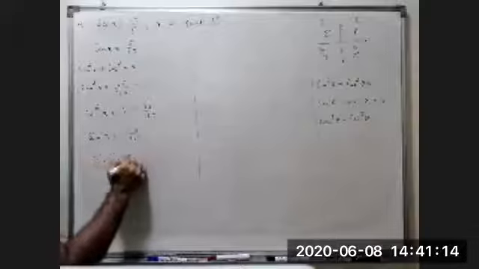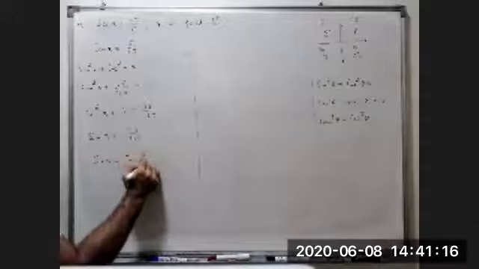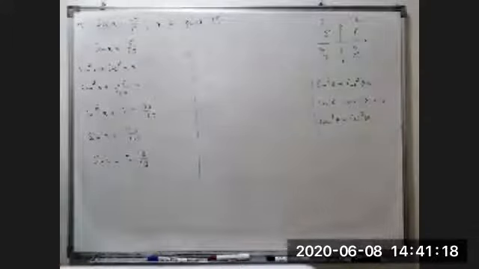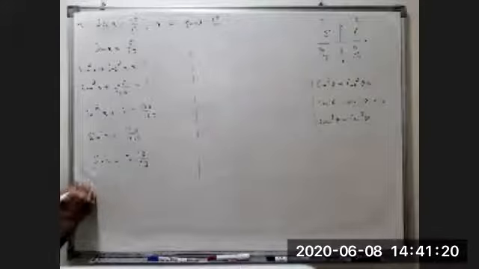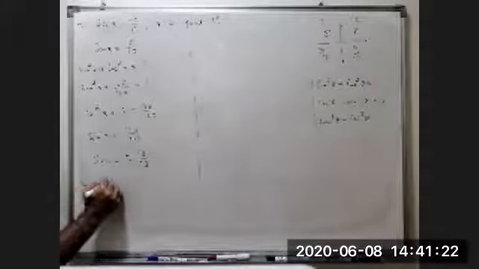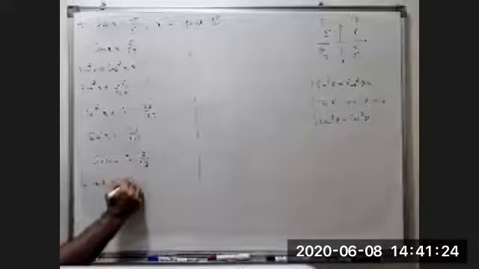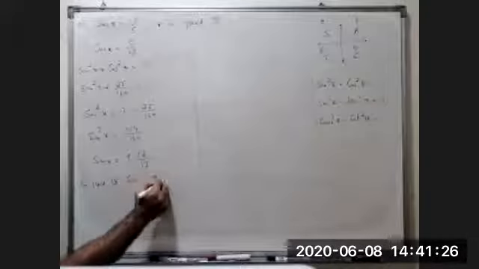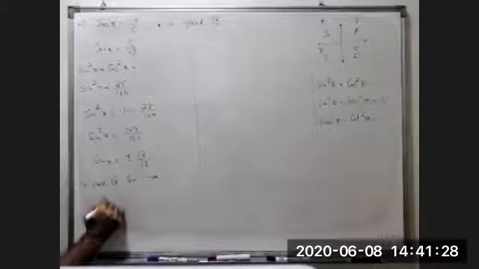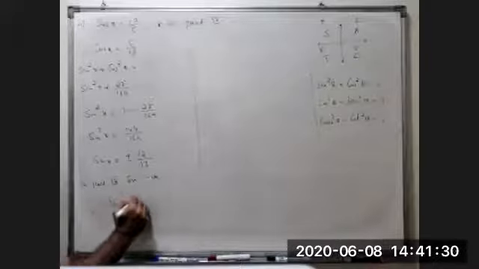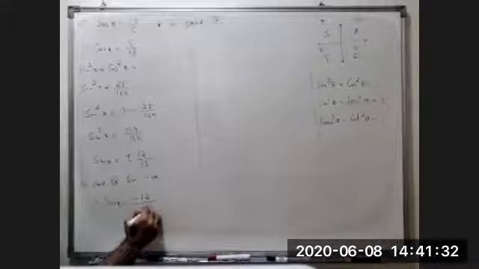Sine x is plus or minus 12 by 13. In quadrant 4, sine is negative. Therefore, sine x is minus 12 by 13.